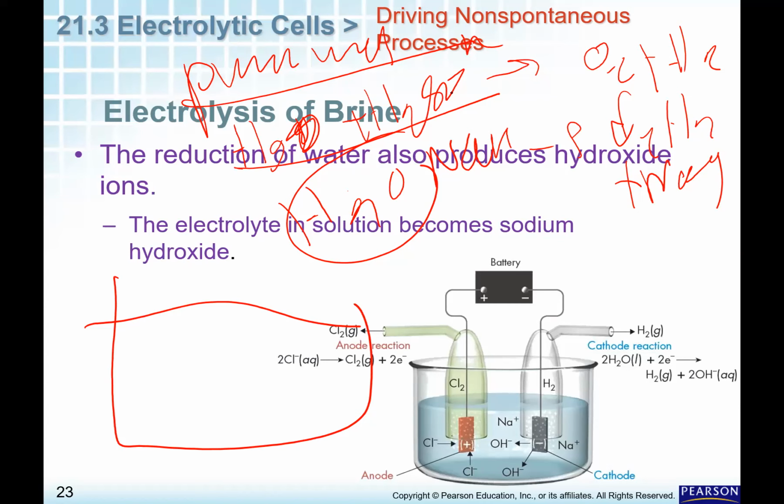If you eliminate the water and have molten sodium chloride, then the products resulting from the electrolysis are going to be chlorine gas and sodium liquid, or liquid sodium. Okay, that is basically what I want to say about this chapter.